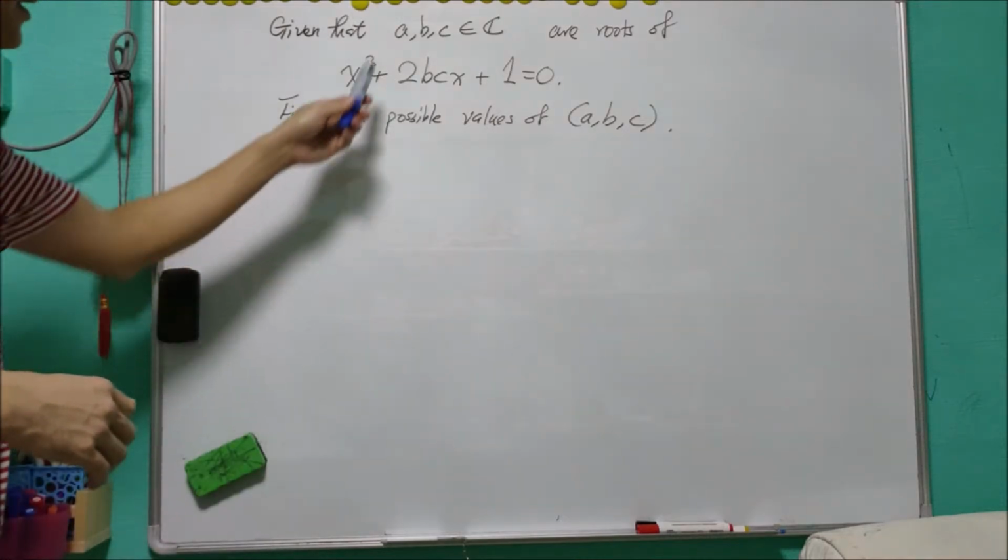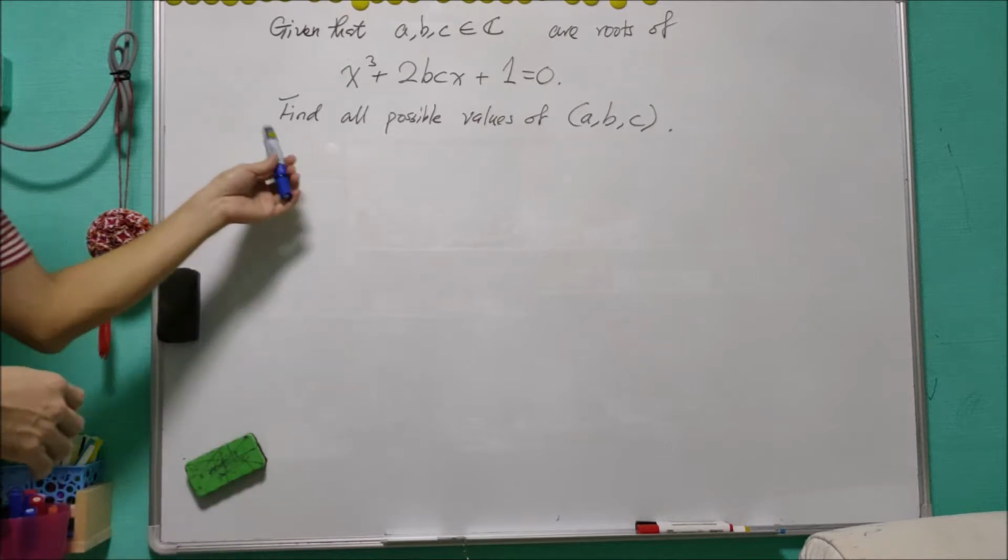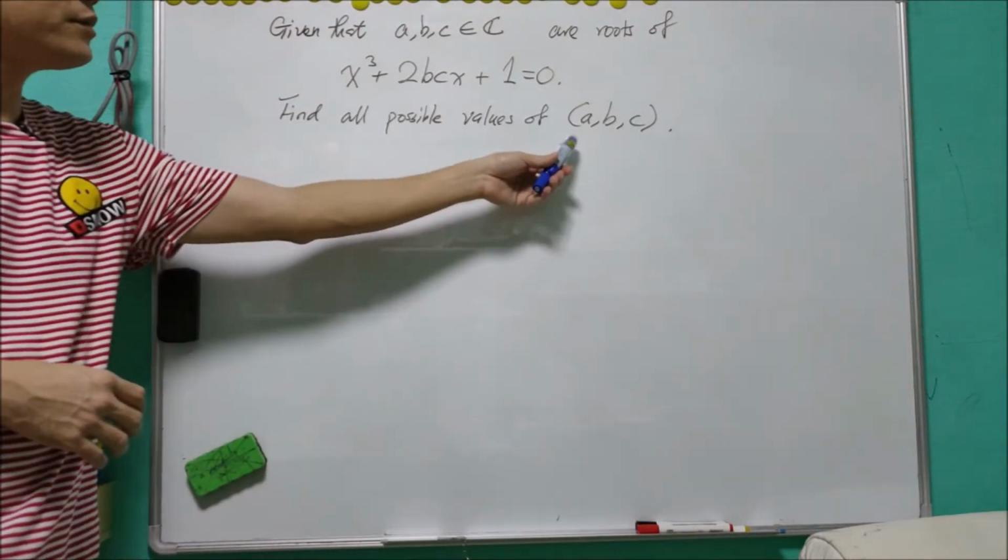Given that the complex numbers a, b, c are roots of this equation, we are asked to find all the possible values of the triples a, b, c.